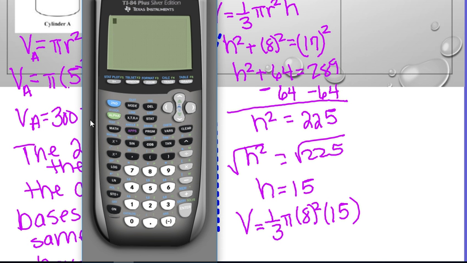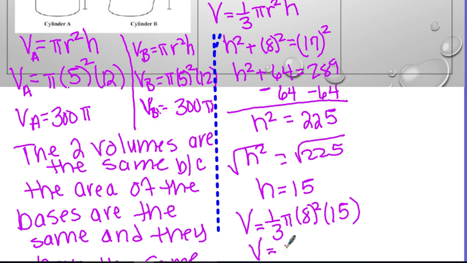So you get alpha y equals, we're going to put in that 1/3 times 8 raised to the second power times 15. $320. So the volume here equals 320 pi.